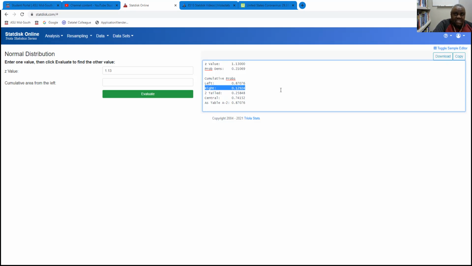Okay, pay close attention to how many decimal places they want you to round off to. So it'd be 0.1292. Okay, that represents the probability of a value greater than 117.